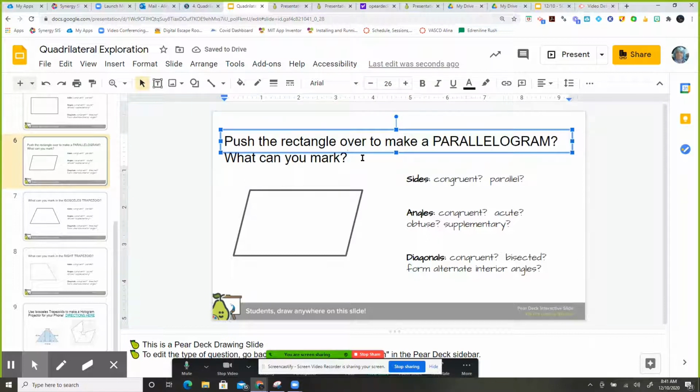And what can you mark? So I've got my rectangle. Now I need a parallelogram. Parallelograms are going to have two pairs of parallel sides that are congruent, right? Lost my audience.